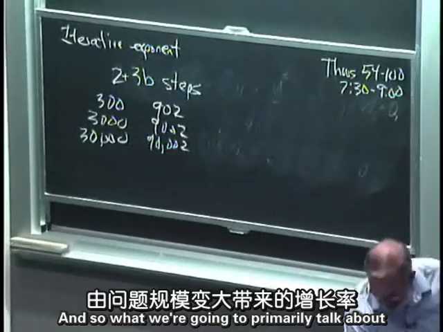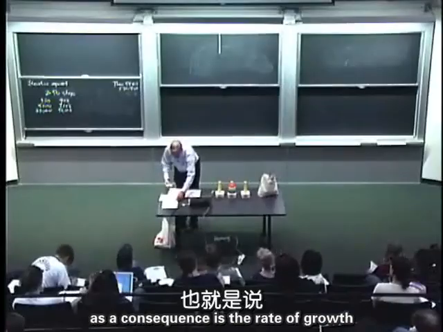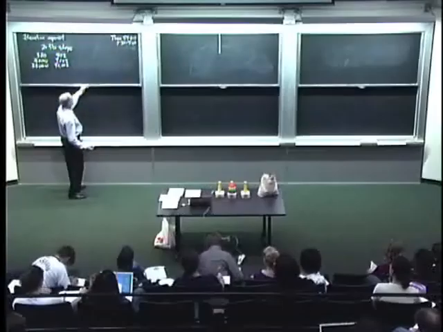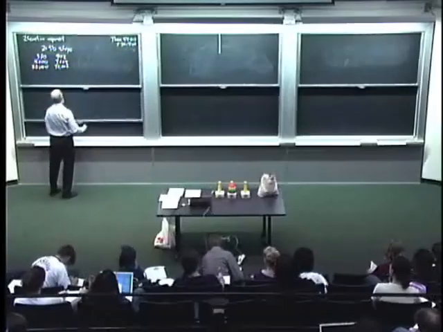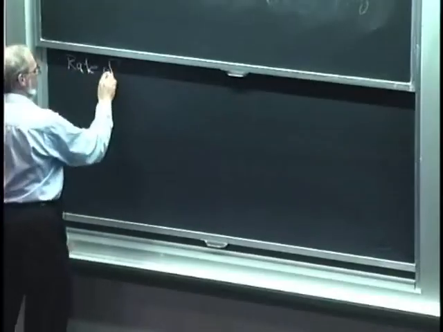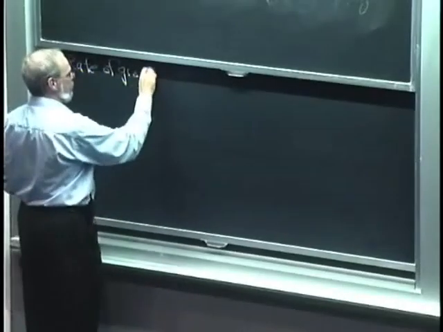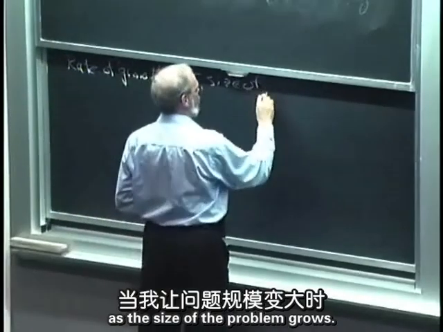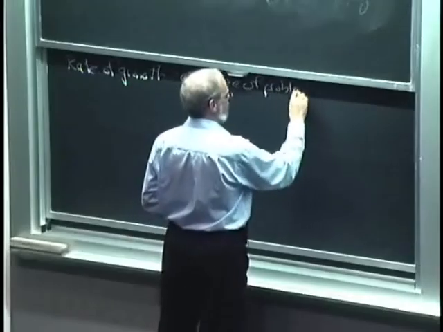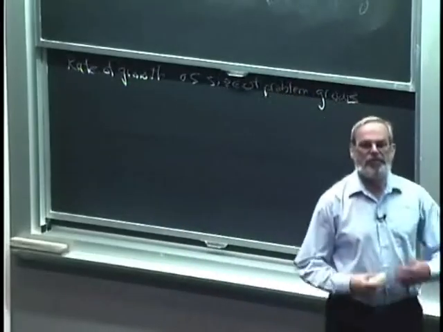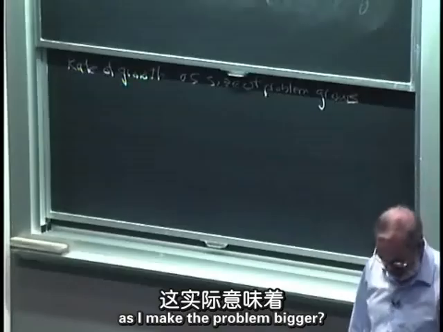And so what we're going to primarily talk about as a consequence is the rate of growth as the size of the problem grows. In other words, how much bigger does this get as I make the problem bigger?